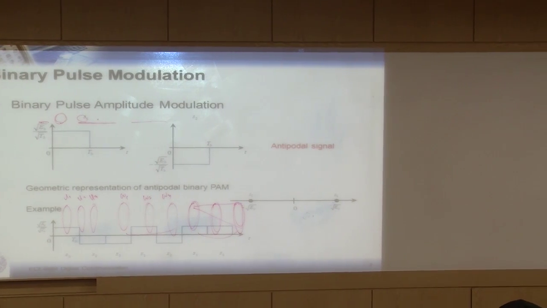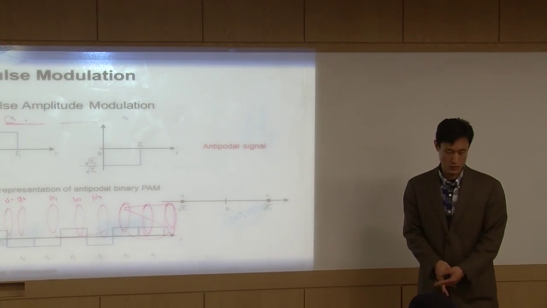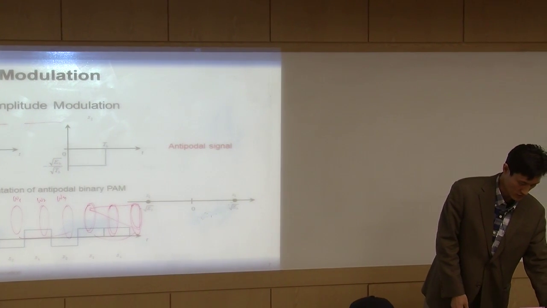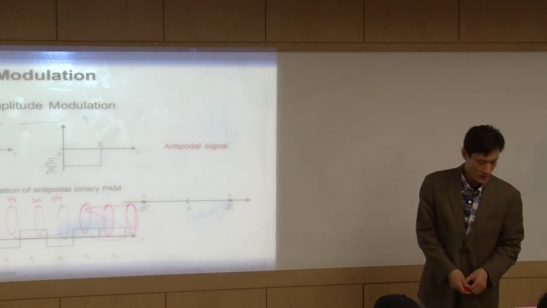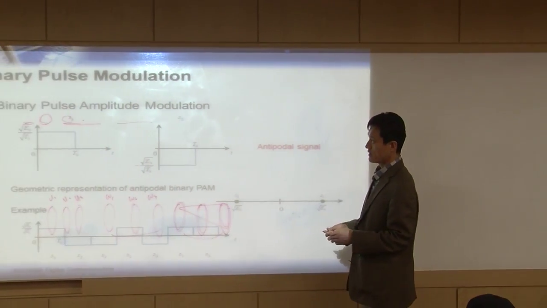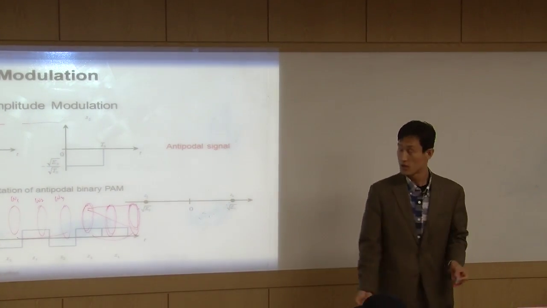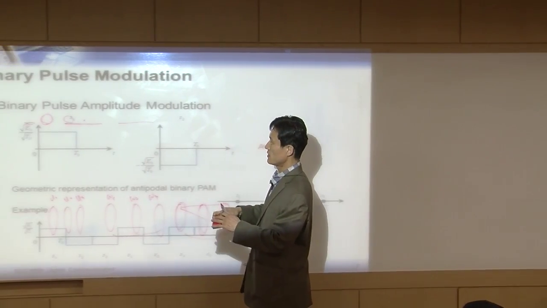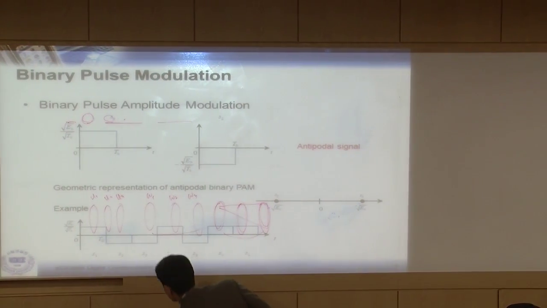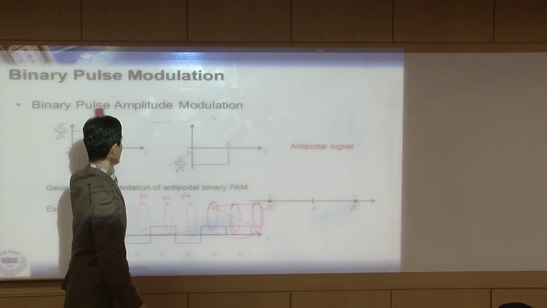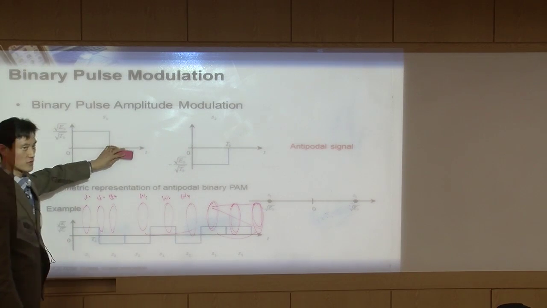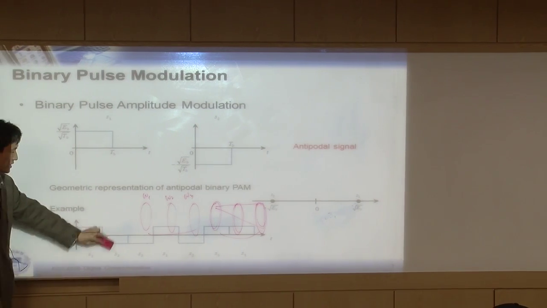Okay, based on that, let's move on to some discussion on pulse modulation. In this slide, we are going to look at some basics of pulse modulation. Remember that we discussed pulse modulation, right? We had pulse amplitude modulation, pulse width modulation, PWM, and also PPM.